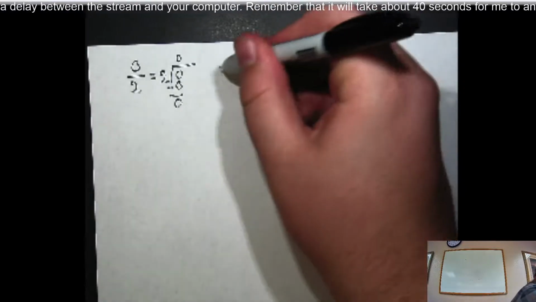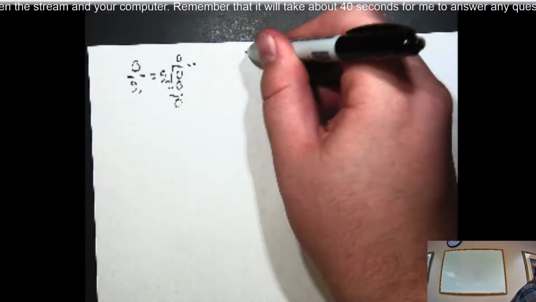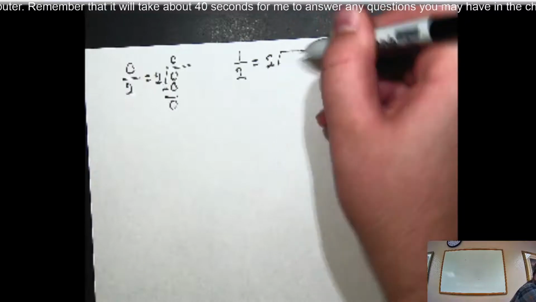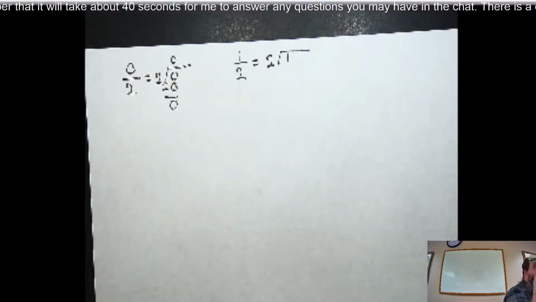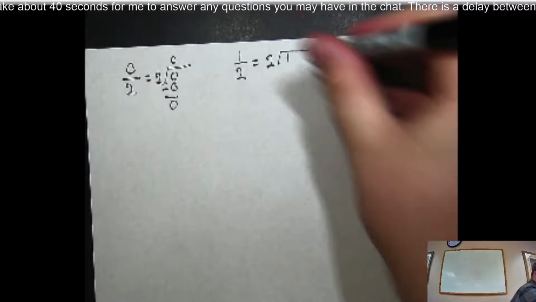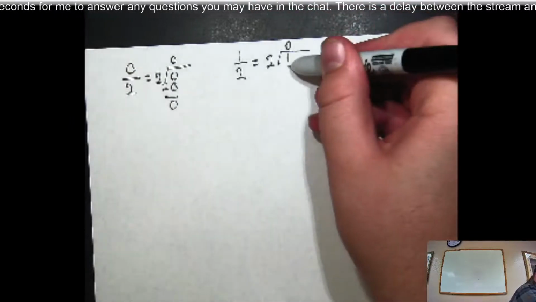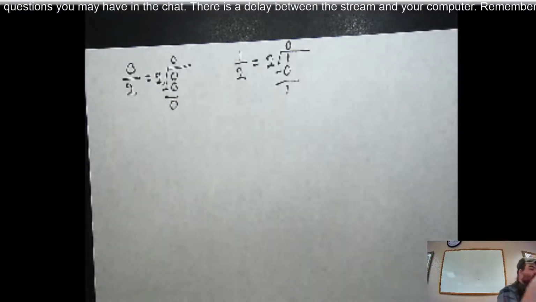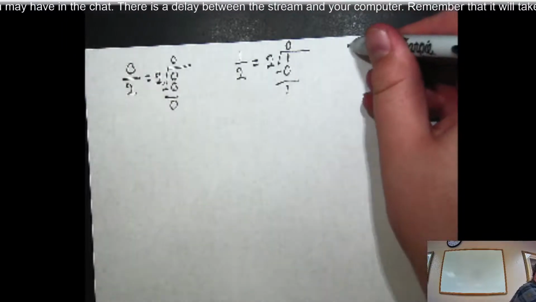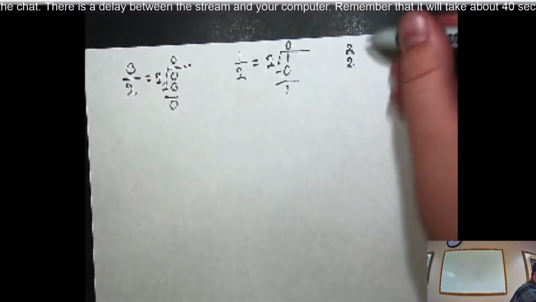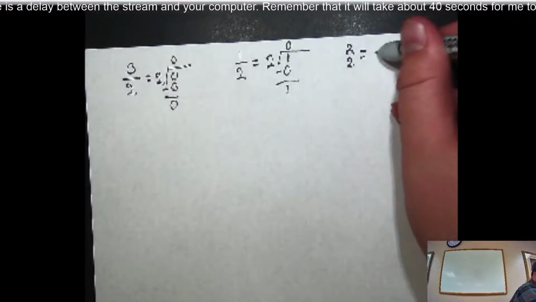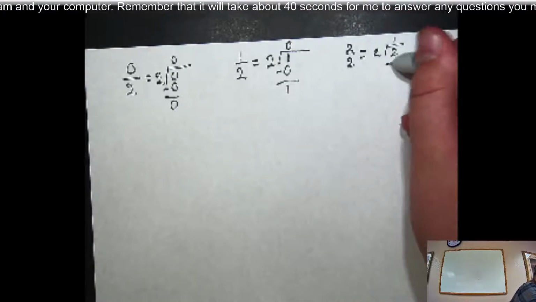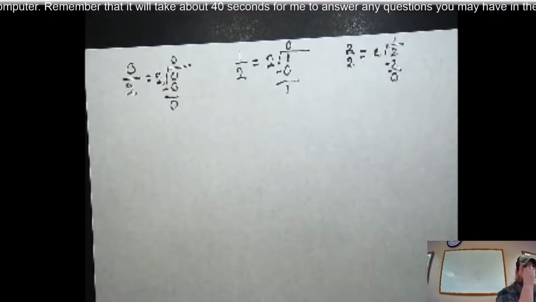Okay, how about 1 over 2? So if we do 2 into 1, 2 will go into 1 no times. And we have remainder 1. Okay, how about 2 over 2? Well, that is, 2 goes into 2 once with remainder 0.